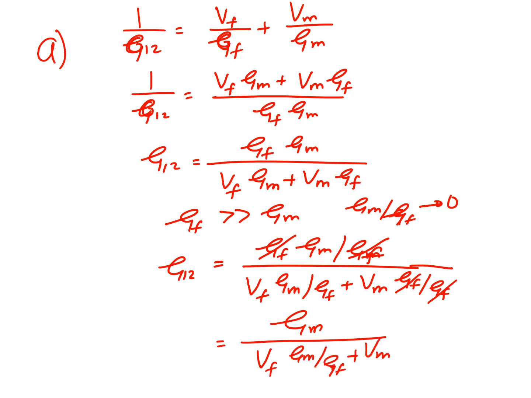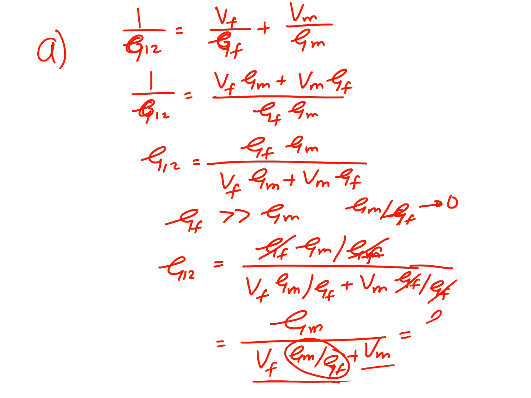plus VM here. And as you're seeing, this first term here is going to be a very small quantity as compared to VM, because VF is somewhere between 0 and 1, and since GM divided by GF is a much, much small quantity, it will be much smaller than VM itself.